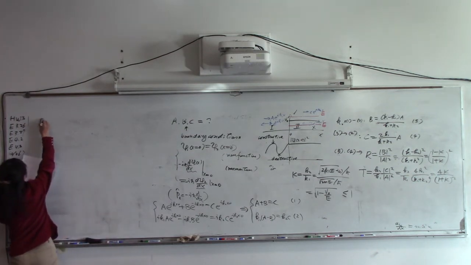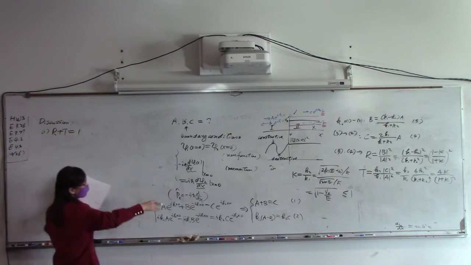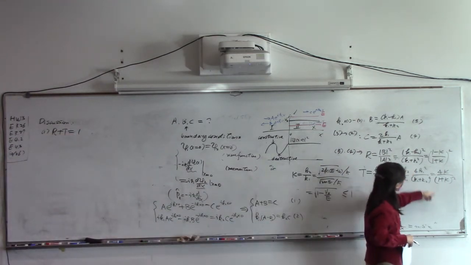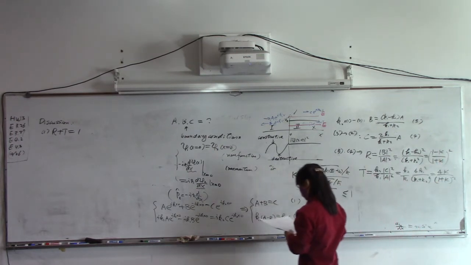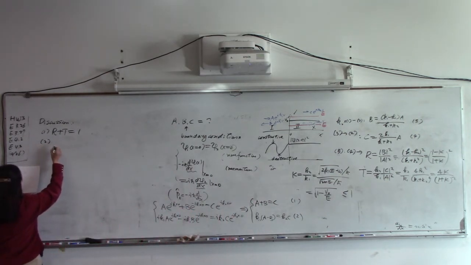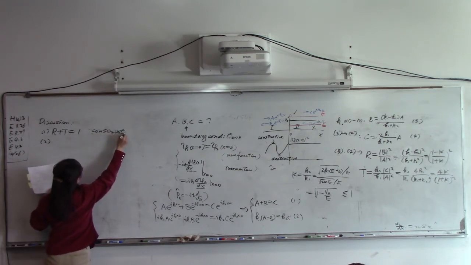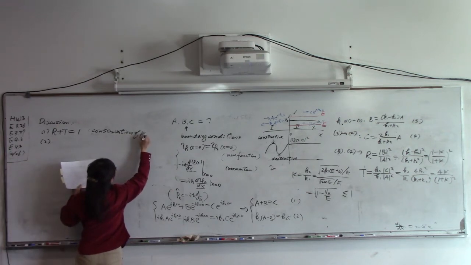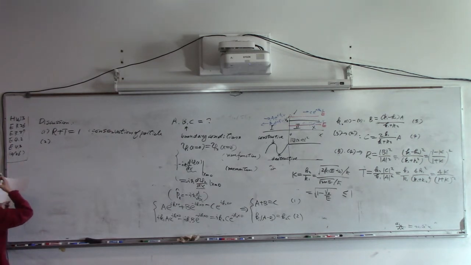Now we discuss. First, you can double check that R plus T equals 1. That is very easy: you just add these two together and expand, and you will see that it equals 1. Second, that is the conservation of particles. The particle either reflects or transmits, and these probabilities add together to be 1.